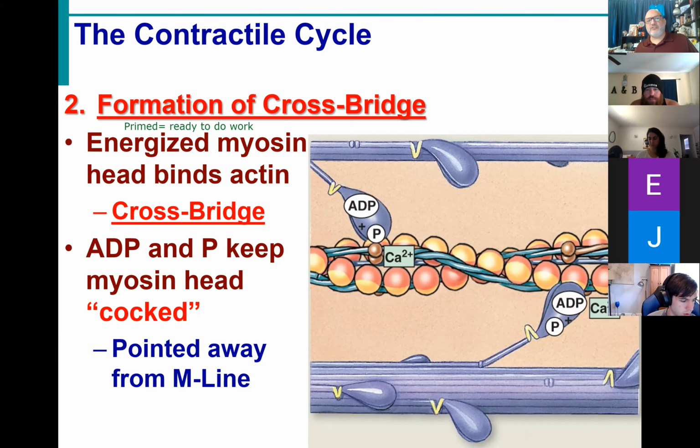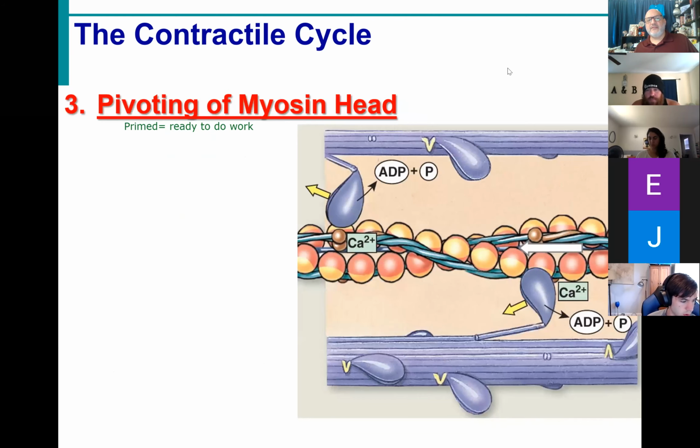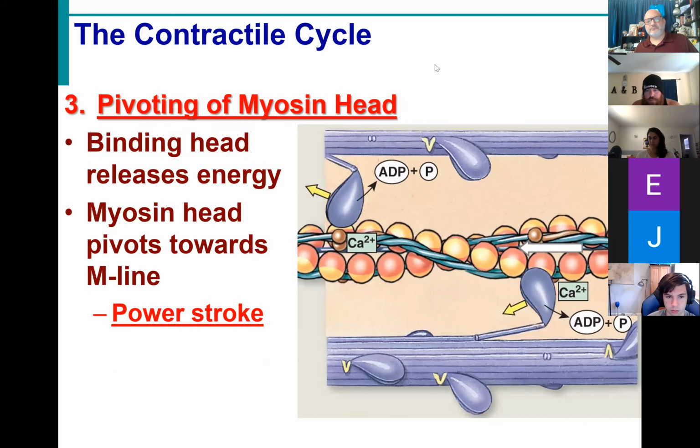Once they form the crossbridge, they perform their power strokes. It's a fancy term, but all it means is that the myosin head pivots, rotating towards the M line. It releases the energy while it's doing this.